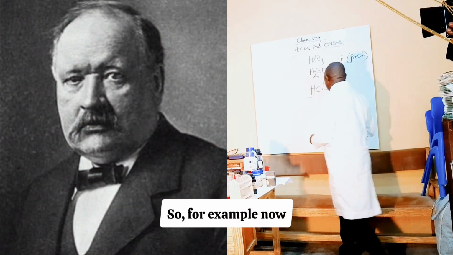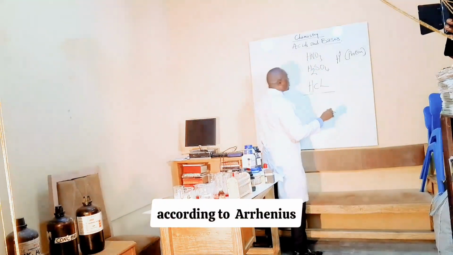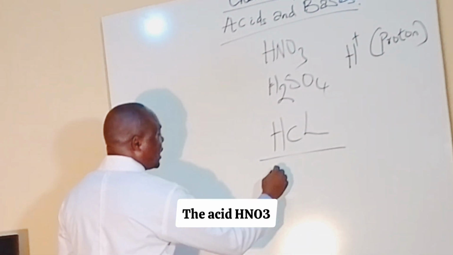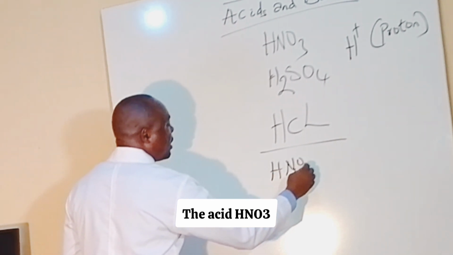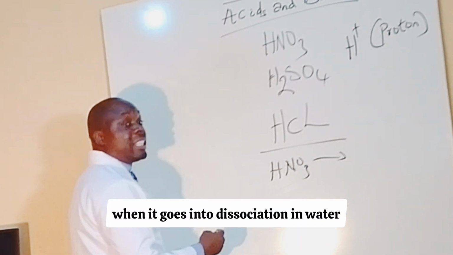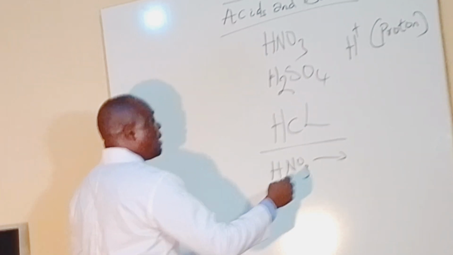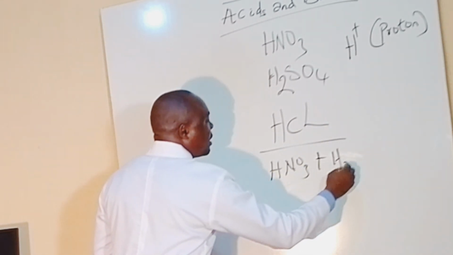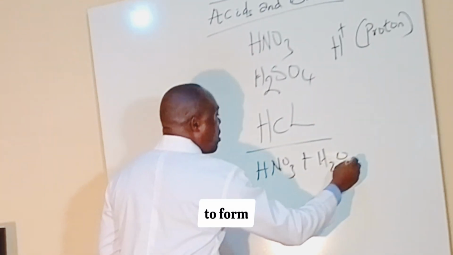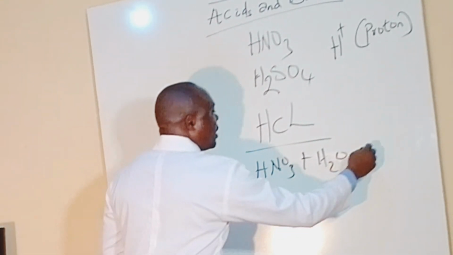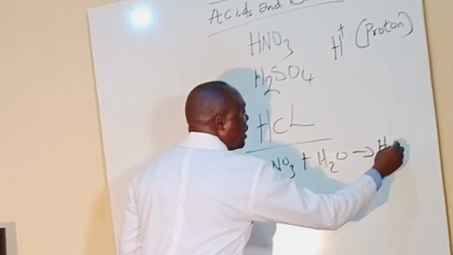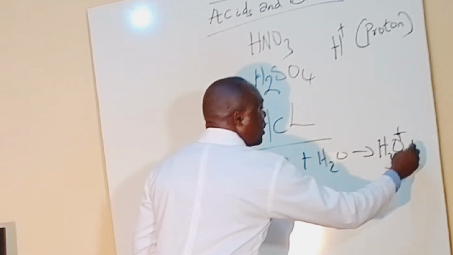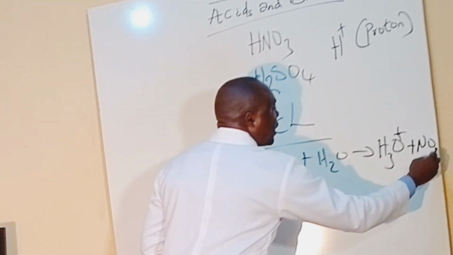So, for example, according to Arrhenius, the acid HNO3, when it goes into dissociation in water, dissolves in water to form H3O+ and NO3-.